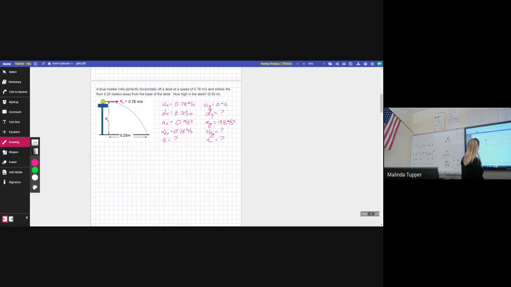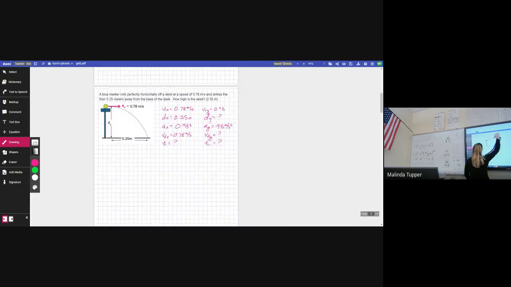Okay, so it looks to me like I know more things in the horizontal direction, so I'm going to start there. So I'm going to write my kinematic equation in the horizontal direction.